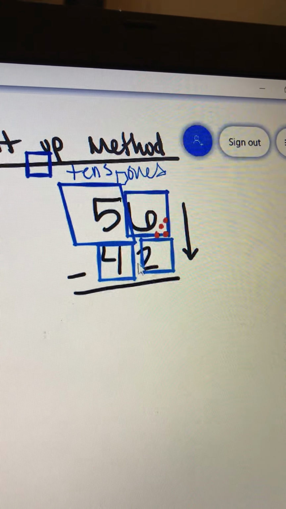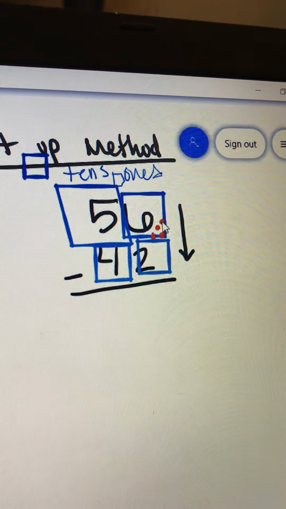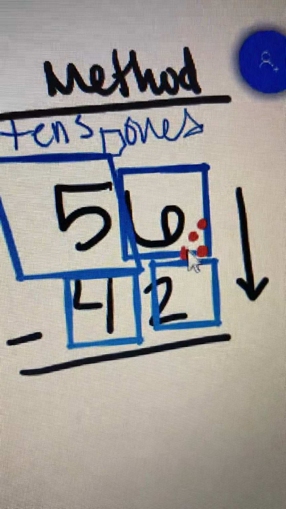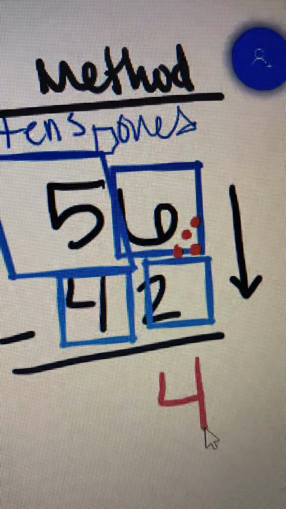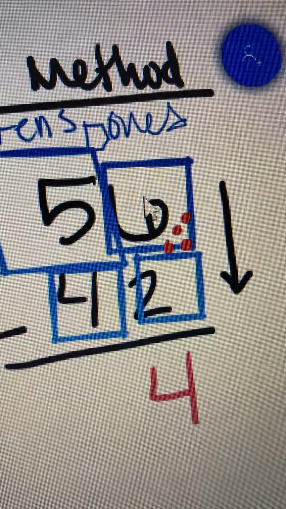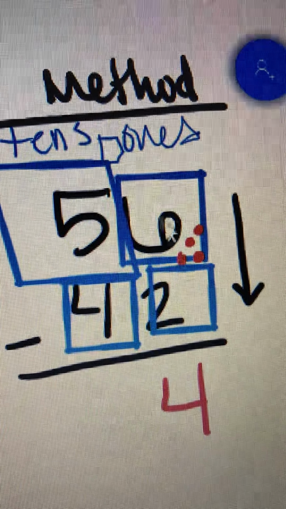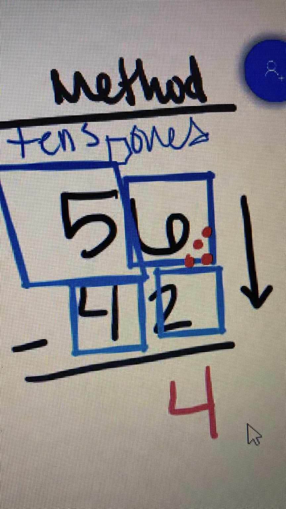So remember, I'm not using 2, I'm doing 3, 4, 5, 6. How many dots is that? There's 1, 2, 3, 4. So the answer is 4. The difference of 6 and 2 is 4. So 6 minus 2 is 4.